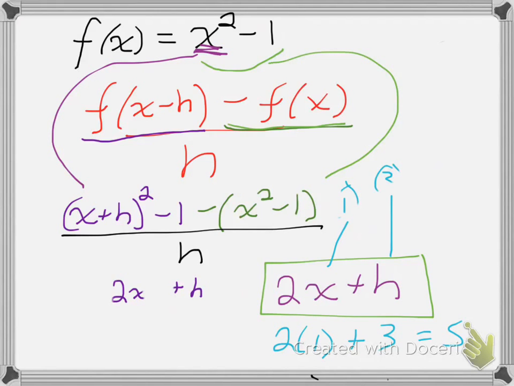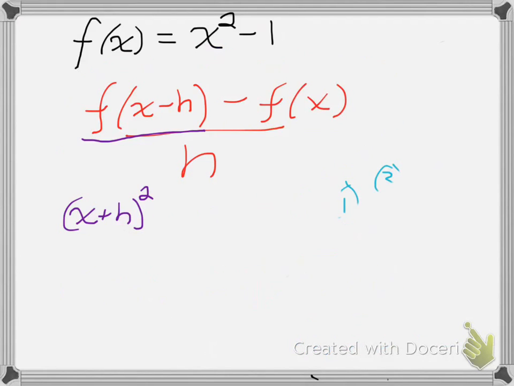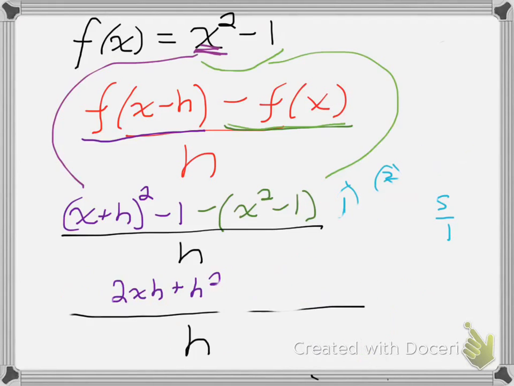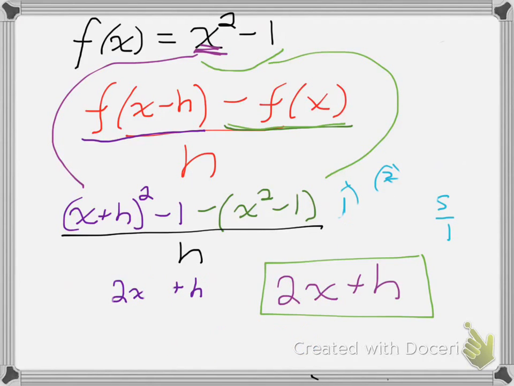So that means that the slope of the line in our graph here should just be 5 over 1 if these points are 1 and 3. So again, the answer to this question is just 2x plus h right here. And then I just showed you afterwards one application of that moving forward that may help you.